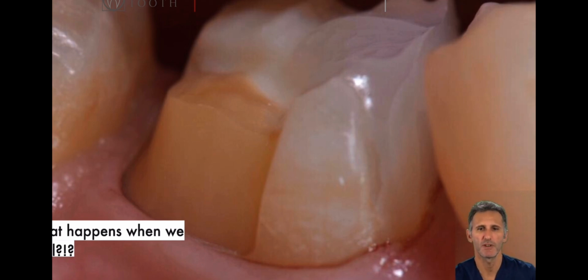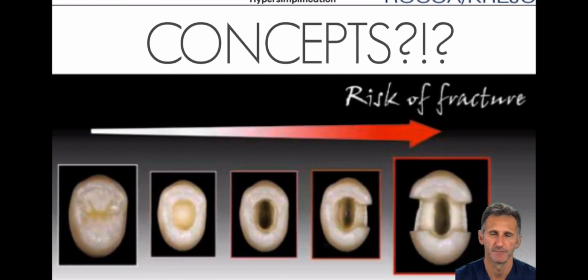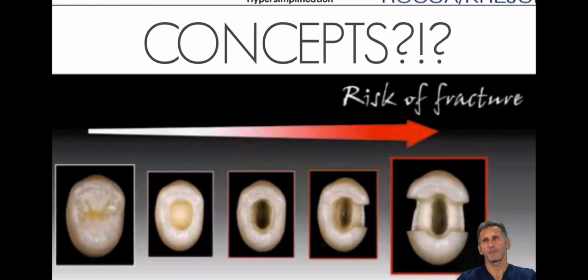We have to focus much more on what happens to the tooth, to the biological structure, when we are drilling something. Because on this topic there are some wrong concepts and hypersimplification. This is an article speaking about biomechanics, and you see that in this slide it's quite clear for these authors what is the risk of fracture for these teeth.